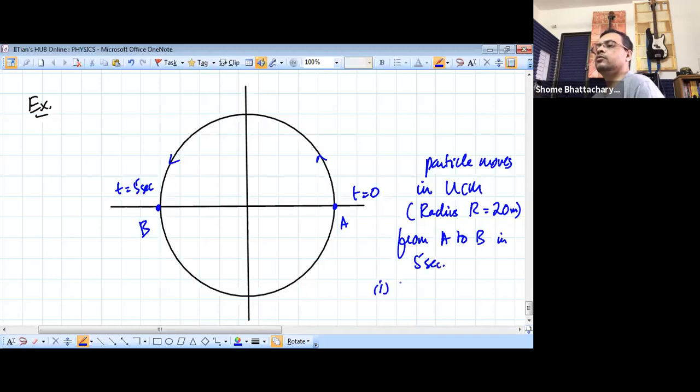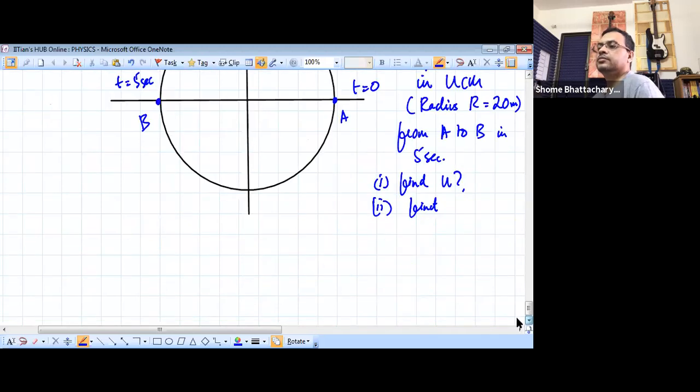So first of all, find its speed u, and second, find the time t at which the particle is at the point C.